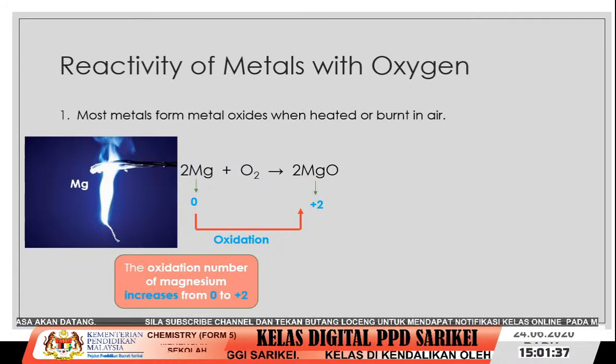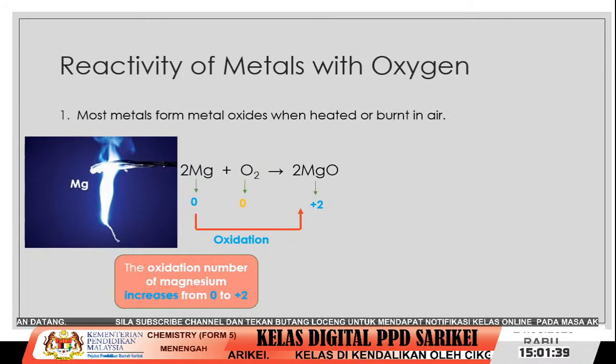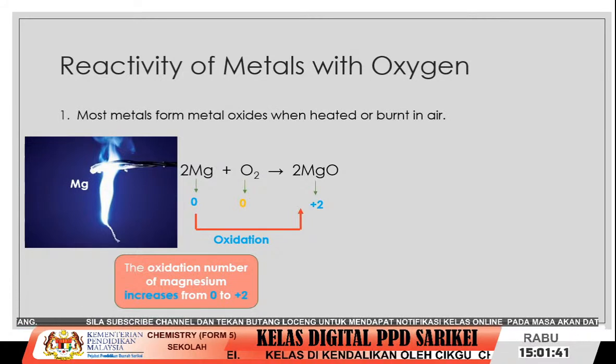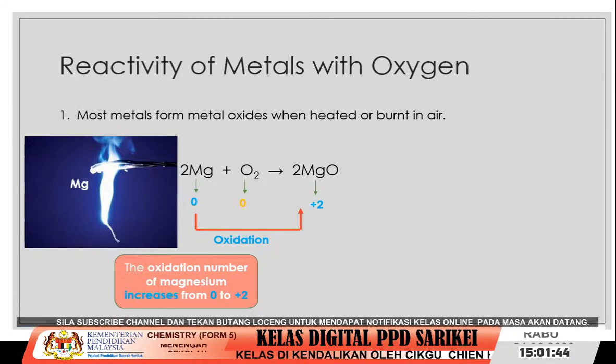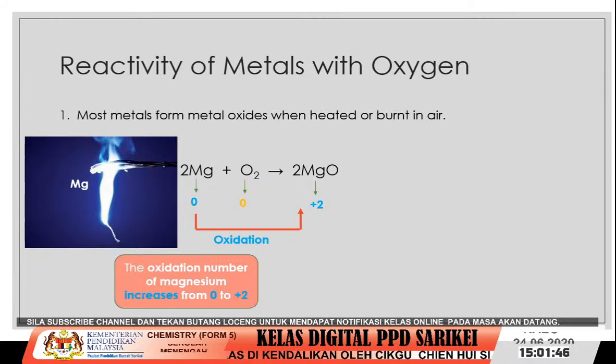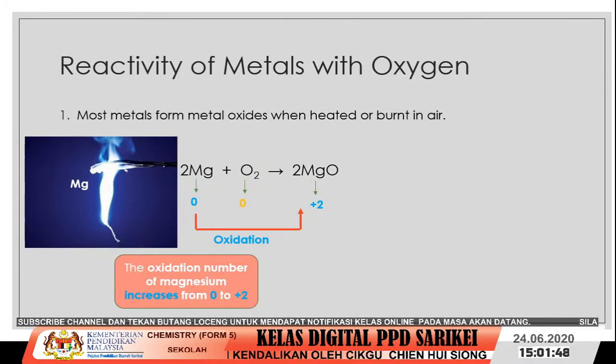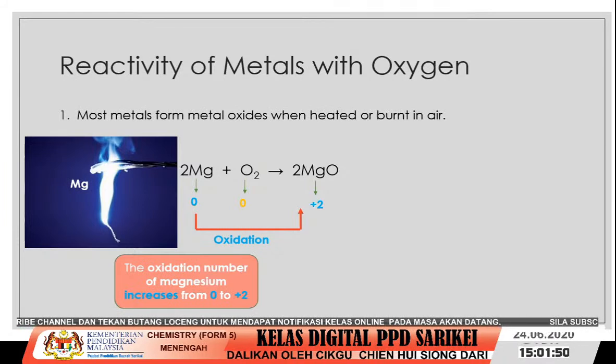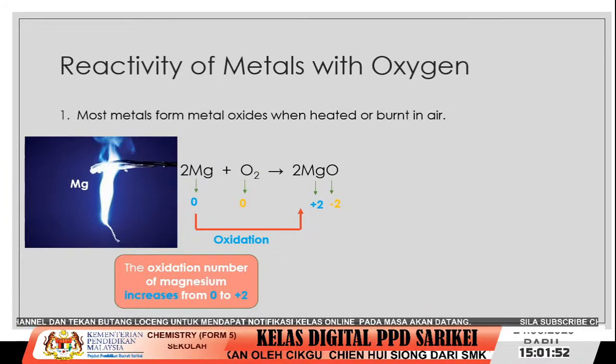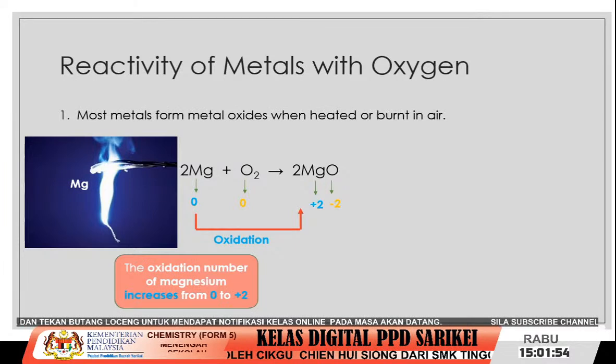On the other hand, the oxidation number of oxygen before it reacts with magnesium is 0. The oxidation number of oxygen in magnesium oxide is negative 2.